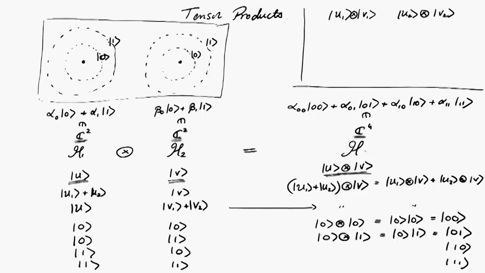Well, it inherits the inner product from H1 and H2 in the sense that for elementary tensors u1 tensor v1 and u2 tensor v2, the inner product between these two is just the inner product between u1 and u2 times the inner product between v1 and v2.